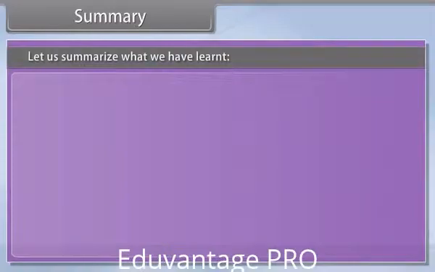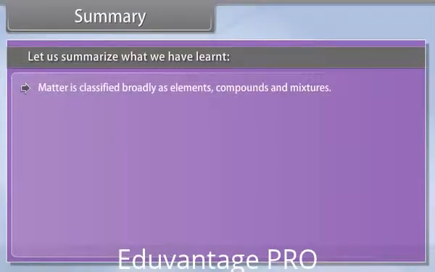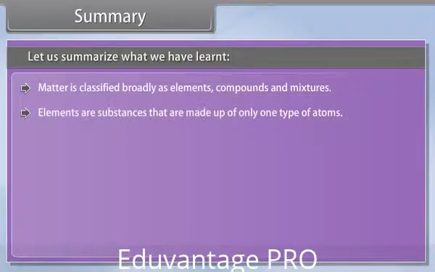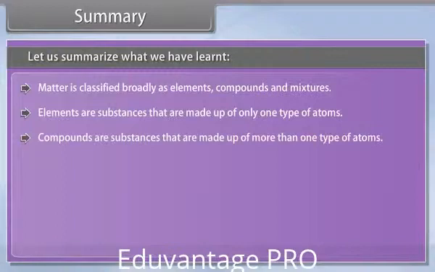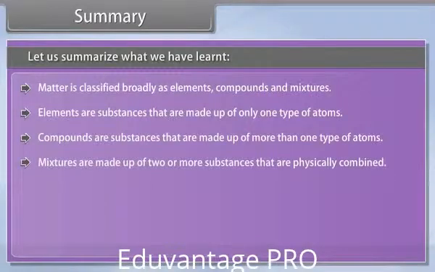Let us summarize what we have learned. Matter is classified broadly as elements, compounds, and mixtures. Elements are substances that are made up of only one type of atoms. Compounds are substances that are made up of more than one type of atoms. Mixtures are made up of two or more substances that are physically combined.